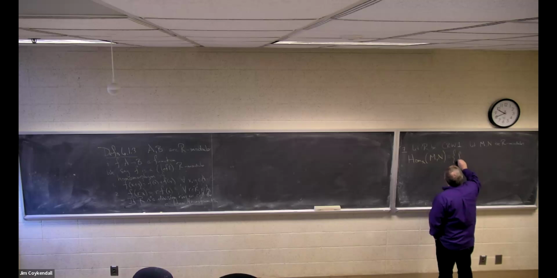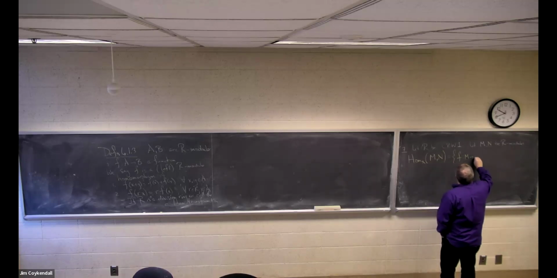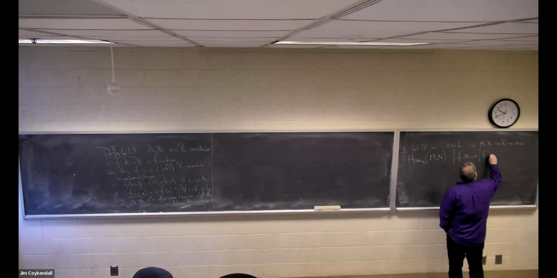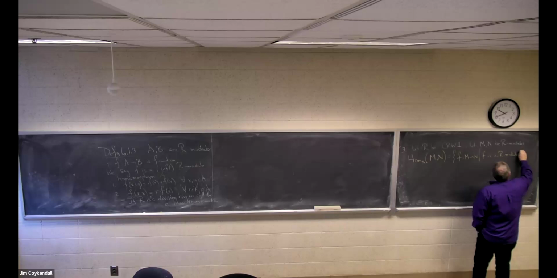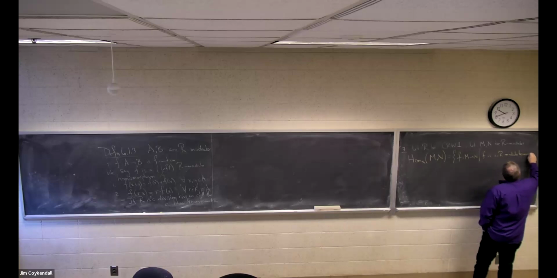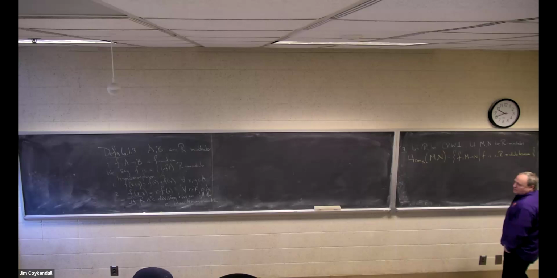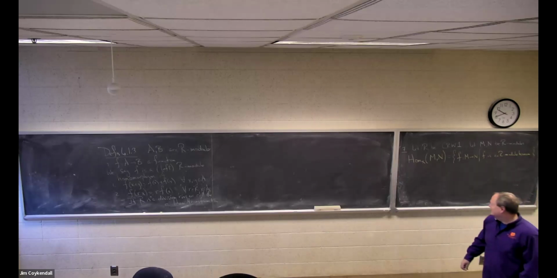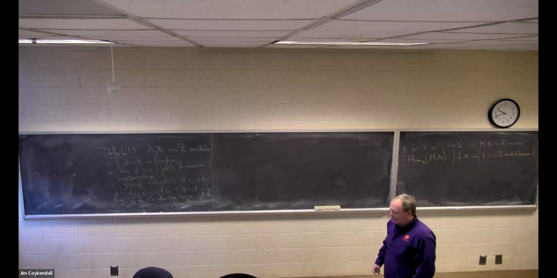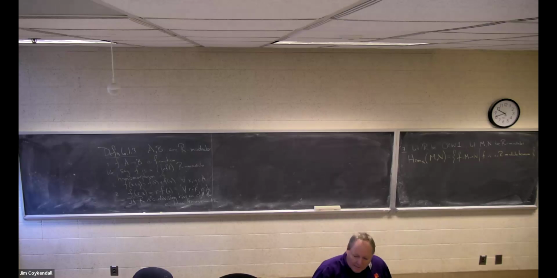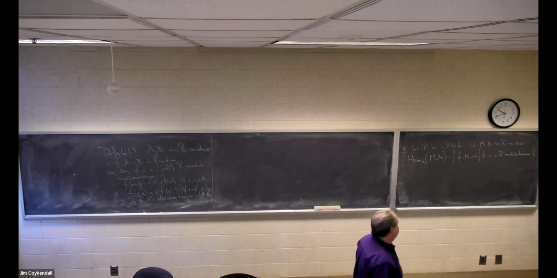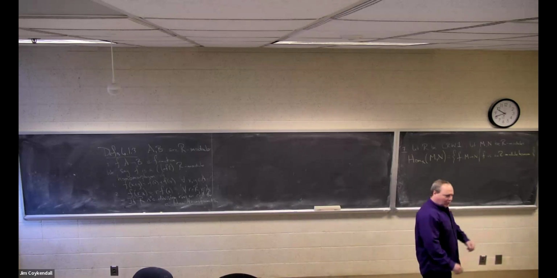This is the set of F from M to N, such that F is an R module homomorphism. This is another example of an R module. I have taken its homomorphisms and turned it into a module, right? How does this work?